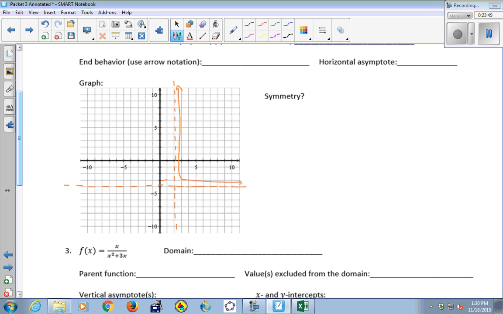And same thing on the other side. All right, so now I've just sort of given you a little head start in the activities. I'm going to let you go back and answer the questions and do the rest of them.